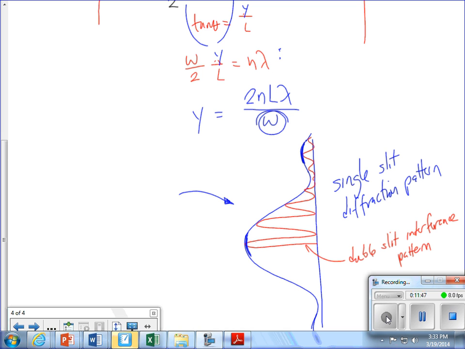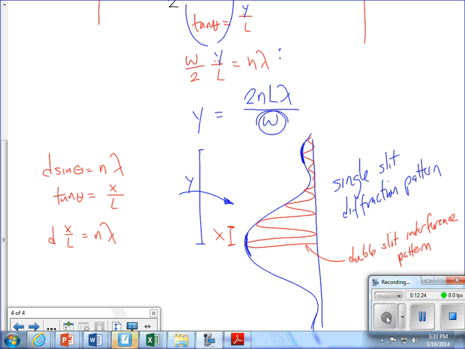And remember, for double slit, we said d sine theta is n lambda, and the tangent of theta is, for us, x over L, where x is right there. But for the single slit, there's what we call y. So for the small angle approximation, d x over L is n lambda.